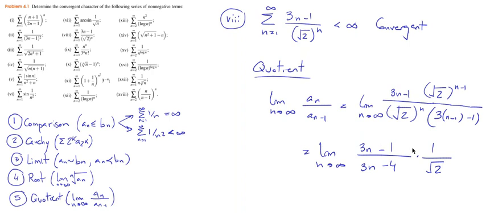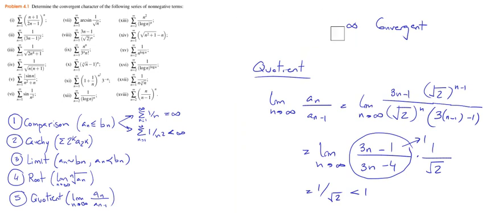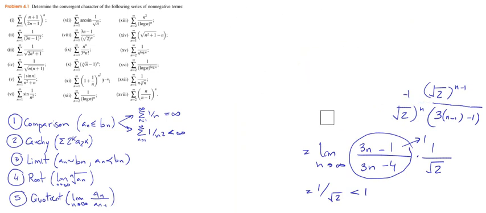The limit of this we know is 1. So again, the result is 1 over the square root of 2, which is smaller than 1. So the quotient test also tells us that this series is convergent. Okay, let's go to 9, and we're almost halfway there.